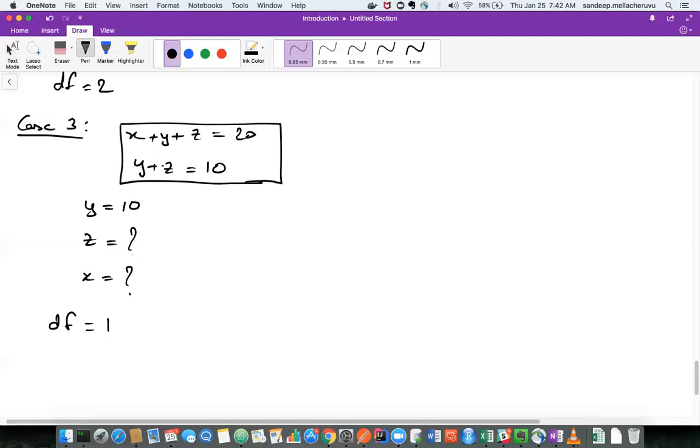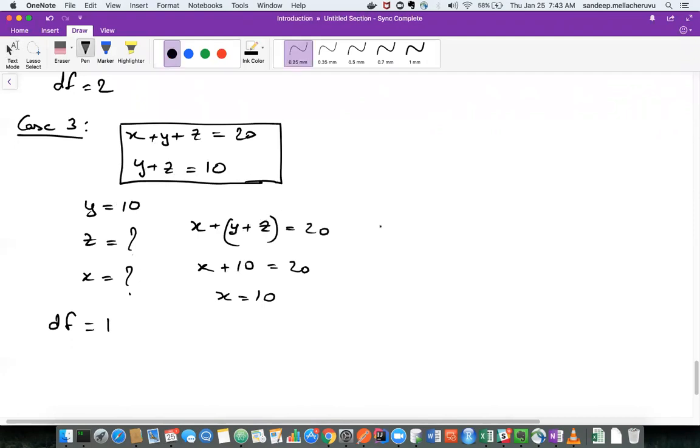The reason is Y plus Z equal to 10, so in X plus Y plus Z equal to 20, in place of Y plus Z you can substitute 10, right? Yes, based on the second condition. Which means X is fixed as 10. You cannot change X. And out of Y and Z, if you choose Y, you have to fix Z, or if you choose Z, you have to fix Y.